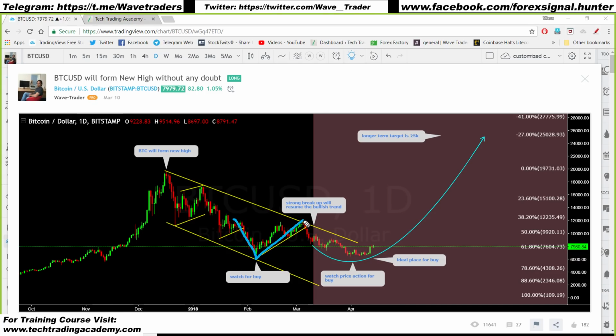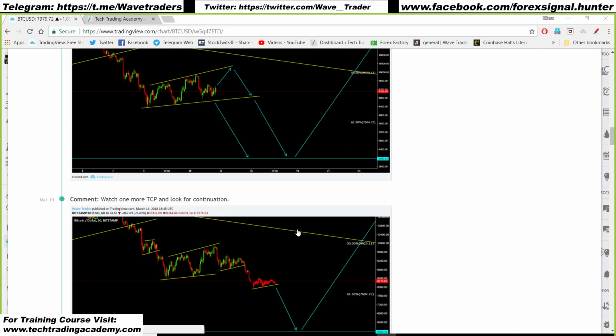We call that Adam and Eve. This is a classical chart pattern, or a rounding bottom. A lot of names are there, guys. We're not going to talk about the names, but let's talk about the next move.